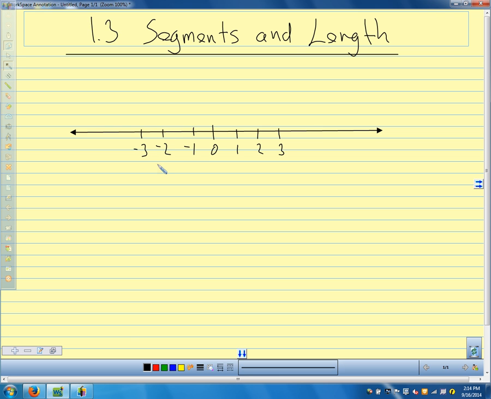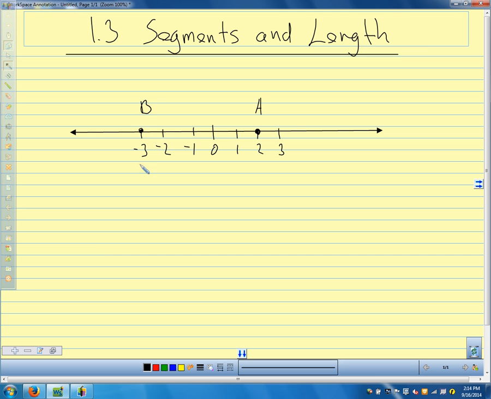So what's our special line here? What kind of line is this? It's a number line. And if I mark some points on here to make a segment, so there's point A and there's point B.